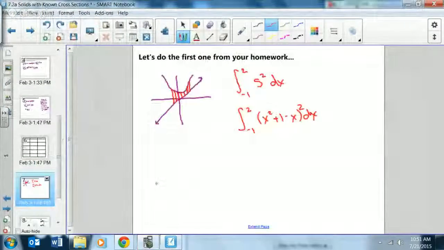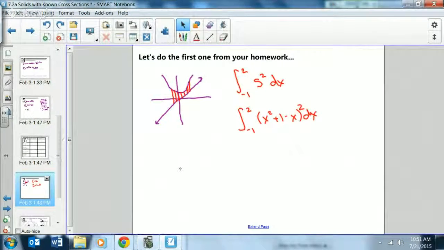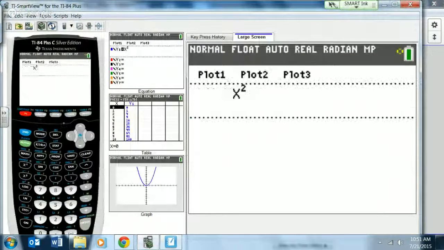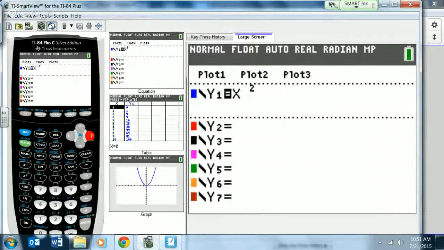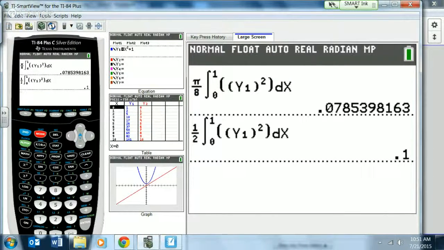Why don't we go ahead and practice, even though these aren't super long functions. Let's practice by putting our functions in here. So my first function was x squared plus 1. My second function was y equals x. And then I wanted to take the integral from -1 to 2.